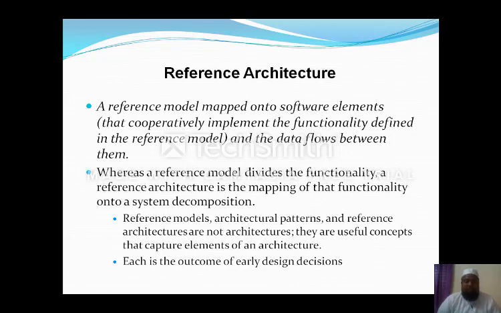Whereas a reference model divides the functionality, a reference architecture is a mapping of the functionality onto the system decomposition. It means I am trying to integrate all the components and make them into a system. When integrating the various components, I need to see the connectors, the flow of the connectors, and the interfaces. All these aspects I need to consider.